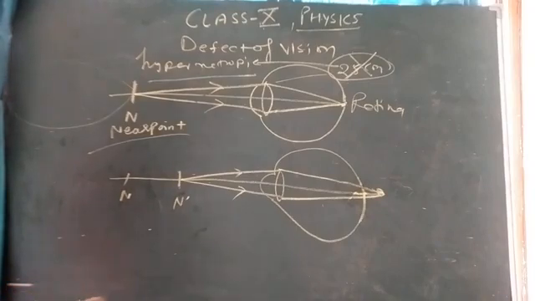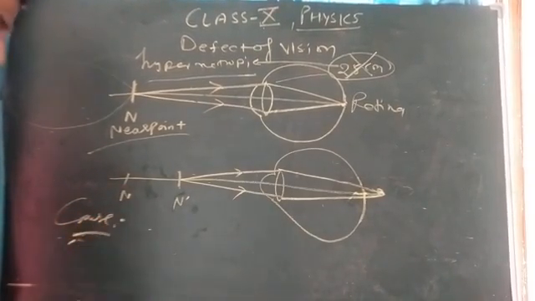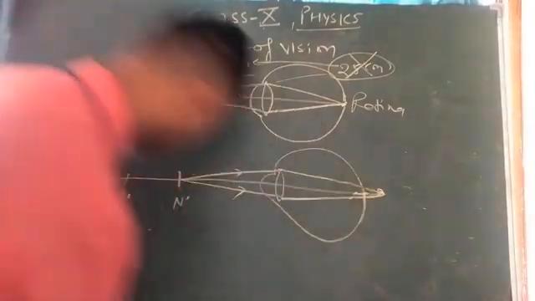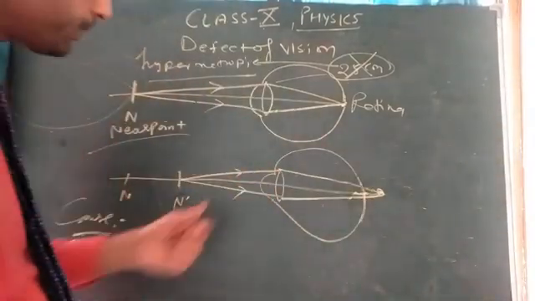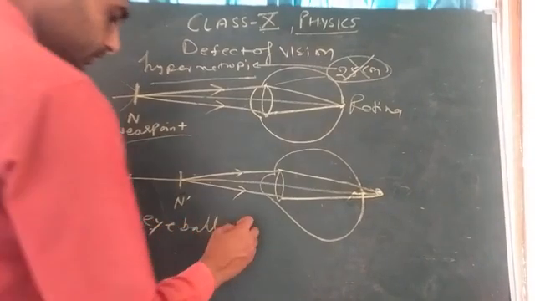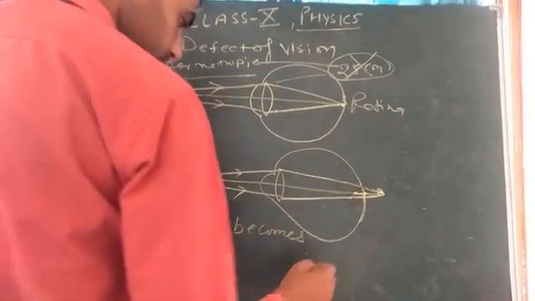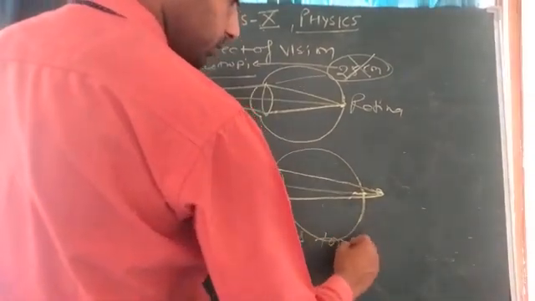Okay, so what is the cause of this defect? The cause may be the eyeball becomes too short.